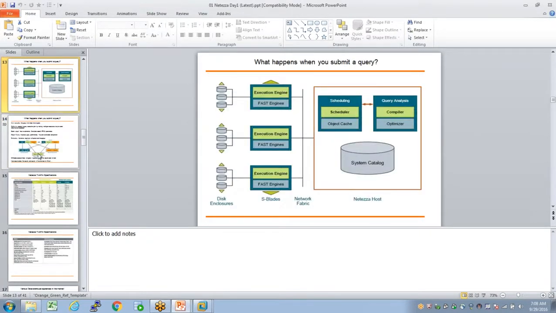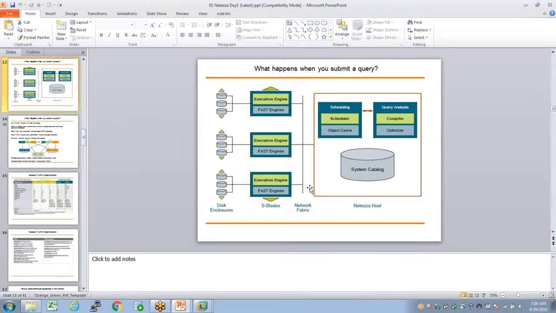Okay, you remember this diagram? We have the Netezza host, the high speed network, the blades, and the disk enclosures. The moment someone submits a query, it first hits the Netezza host.